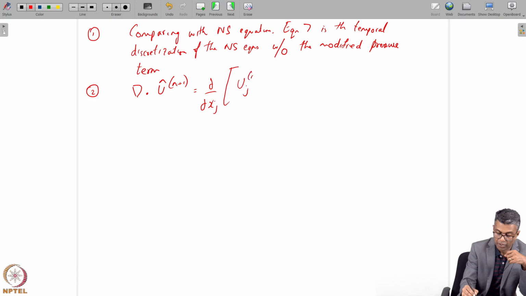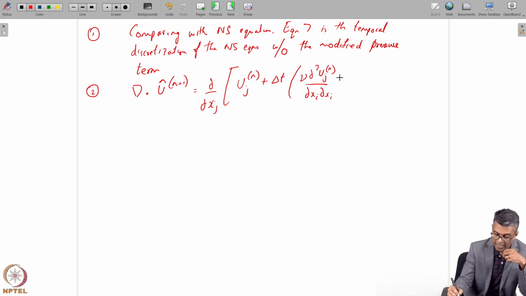So it will be uj of n plus delta t, and then I will have this nu del squared uj n del xi, that's the viscous term, and then the inertia term, so it is uk of n, and then it is del uj n del xk, isn't it?